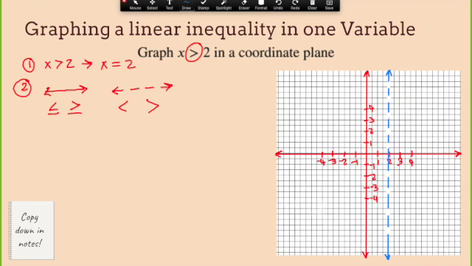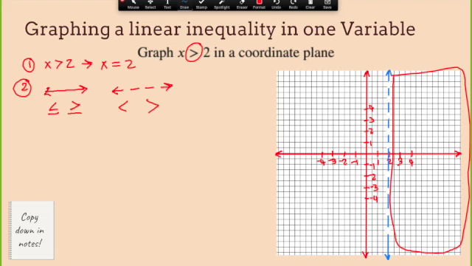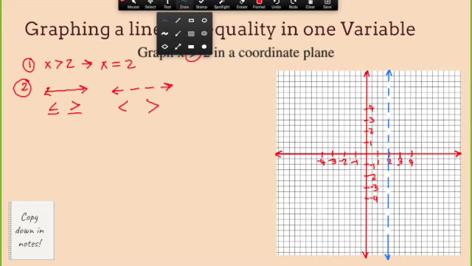Okay. Now, in this case, this drawing is telling me that the shaded region could be either on the left side or on the right side of the graph. I'll just pick a random point that's away from the line. So I'll pick something like -3 and +4.